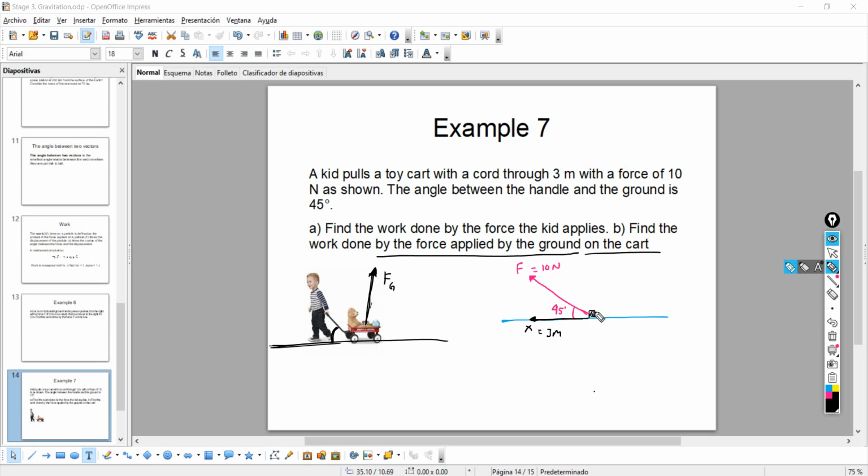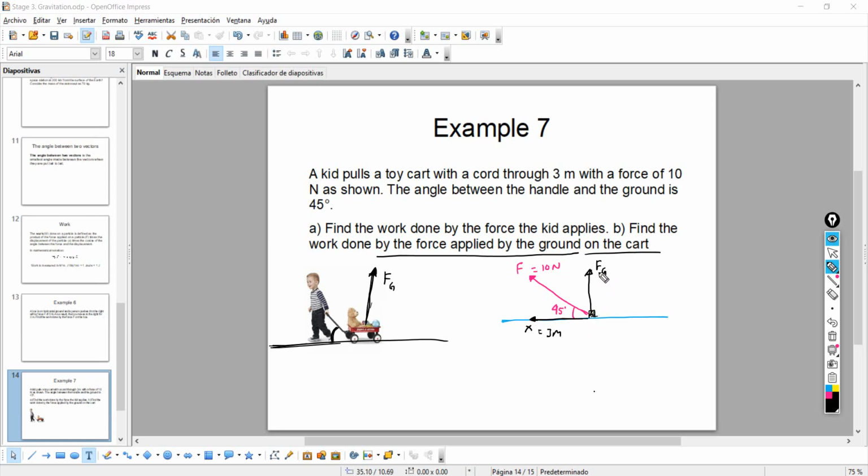So basically, this is the force that the ground applies. Let me try to draw it more vertical. There you go. By the way, don't confuse this with gravitation. What I mean by this is ground. The force that the ground is applying on the cart is directed vertically upwards. So what could be the work done by this force on the cart?